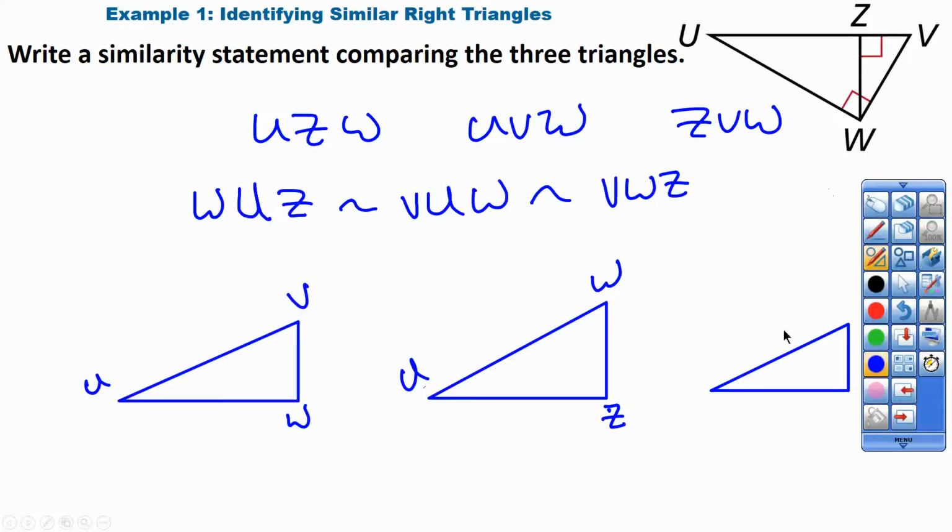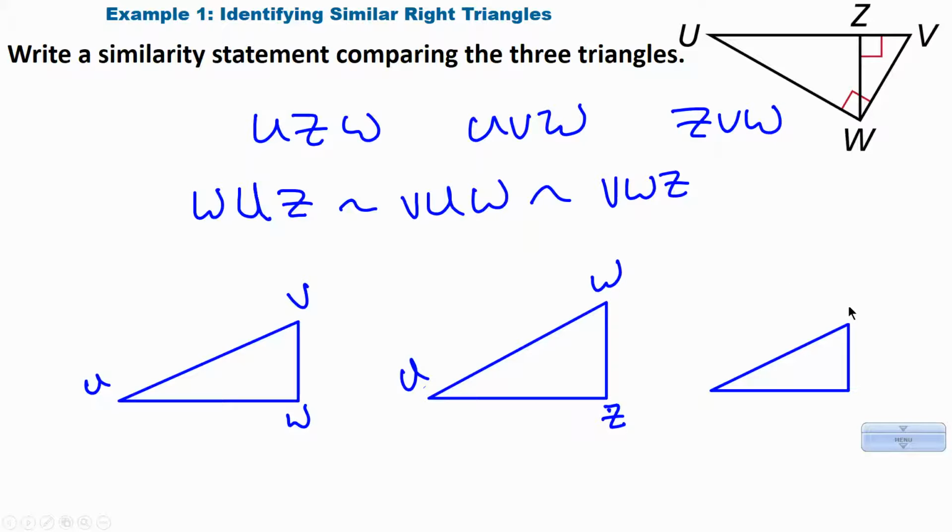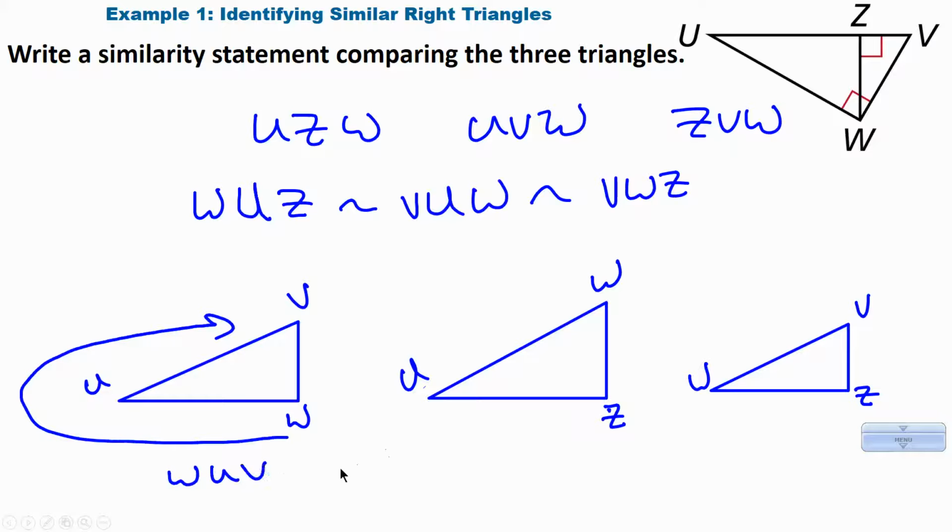And then the short side is ZV. Z is the 90 degree, V and W. So now that we have this, we can go ahead and just work our way around. We say WUV is similar to, and work our way around here.